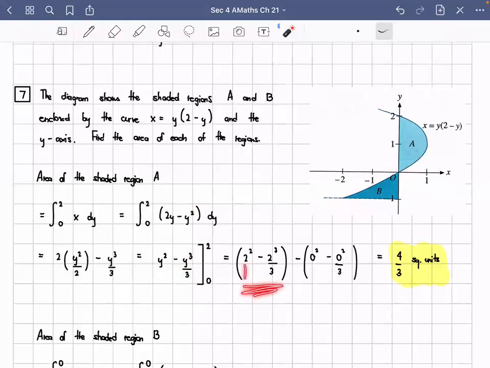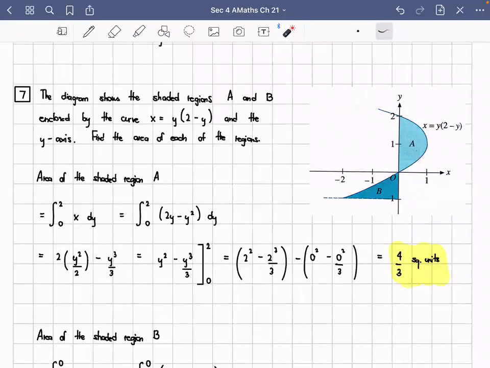So this is 2 times 2 minus your lower limit, which is basically 0. So answering this, the area of the shaded region A is 4 over 3 square units. So that's your answer for the shaded region A.